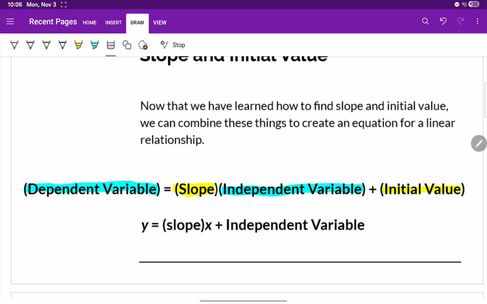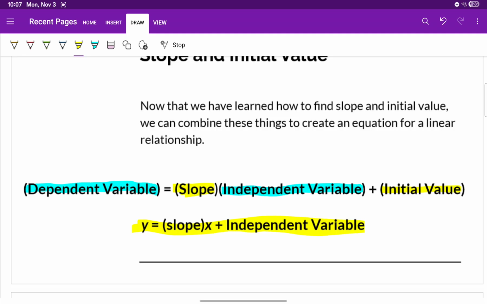Okay? This can be written a little differently, a little shorter, as this formula here, where y, which is our dependent variable, is equal to our slope multiplied by x, which is our independent variable.